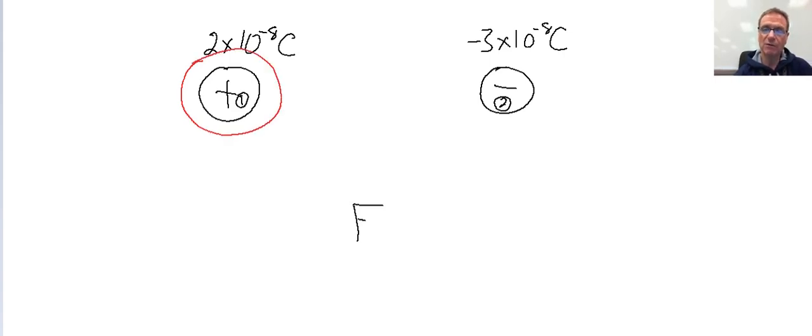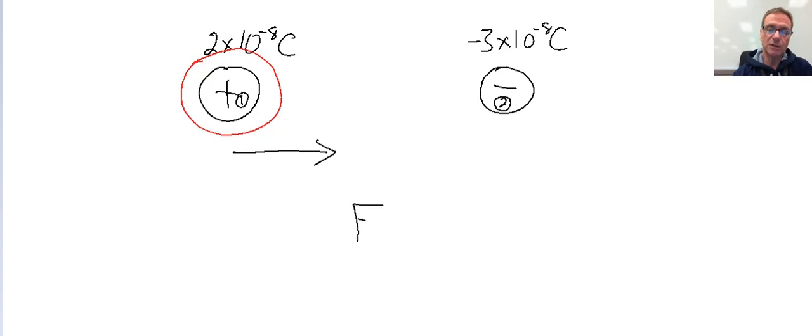The value of the force is going to be the same on each charge, but while the magnitude will be the same, the direction will be different. The direction of the force on the positive charge is going to be to the right, because these are attractive charges. We have a negative charge on the right and a positive charge on the left. They're going to attract each other, so the positive charge is going to want to travel to the right, thus the force on the positive charge is also going to be to the right.